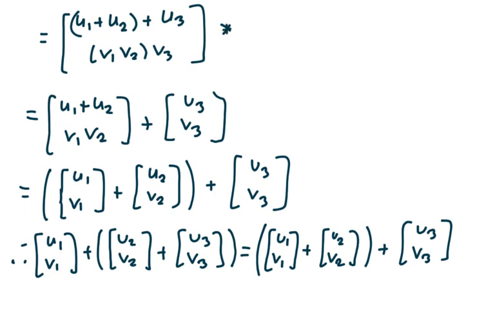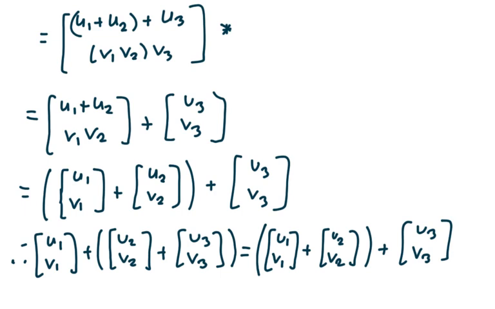So this is equal to the column vector. Notice how u1 plus u2 is in parentheses, and then I add u3. That's the first component. And in the second component, notice how v1, v2 is in parentheses, and then I multiply by v3. And then I can begin to unwind.